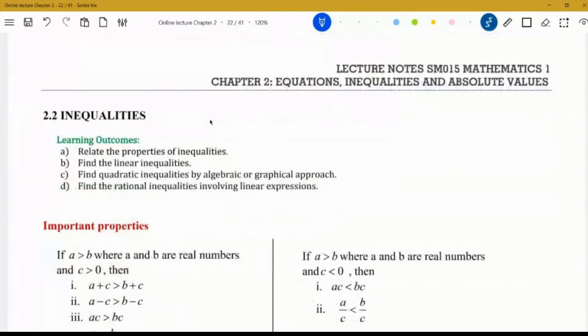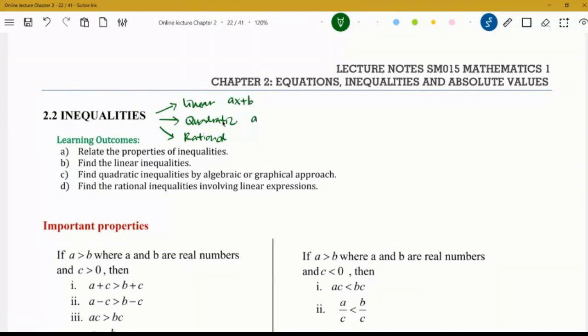Okay, 2.2, inequalities. So, in inequalities, we have 3 parts, which is the first one, kita akan pergi kepada linear, quadratic, and then the third one will be rational. So, linear, which is we encounter x to the power of 1, so ax plus b.